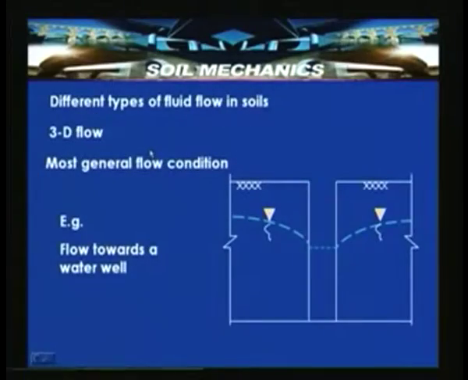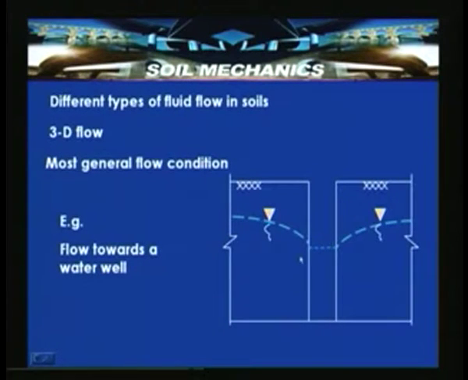So, what we are doing is discussing the different types of fluid flows in soils, and we are also trying to understand them with some salient examples. Three dimensional flow is the most general flow condition, and it can be seen in the flow of water towards a water well. Flow of water towards a water well is an example of three dimensional flow, where you can see a borehole which was driven into the ground.